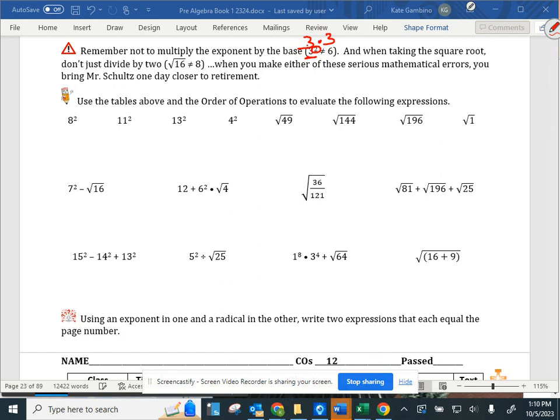It is not 3 times 2. Okay, that exponent tells us how many times we're going to multiply out in expanded form. So if I had 3 to the 4th power, that would be 3 times 3 times 3 times 3. That exponent just tells us how many times we're multiplying that base number.